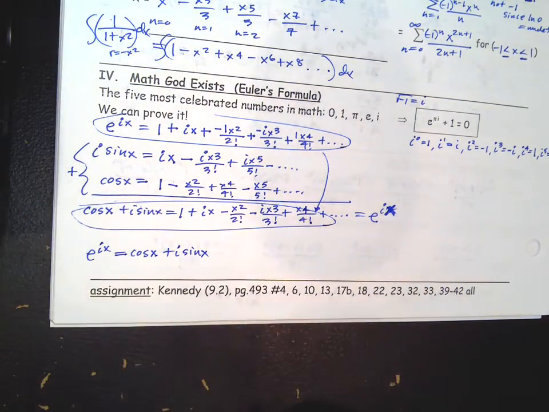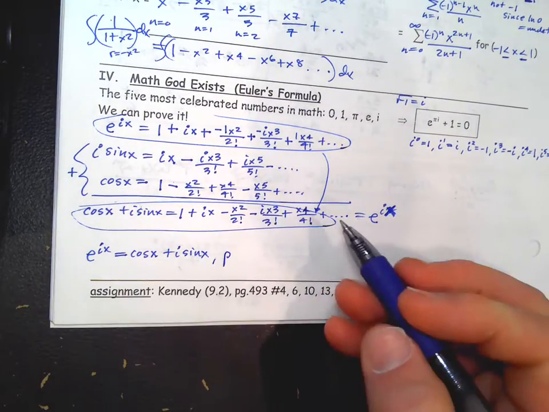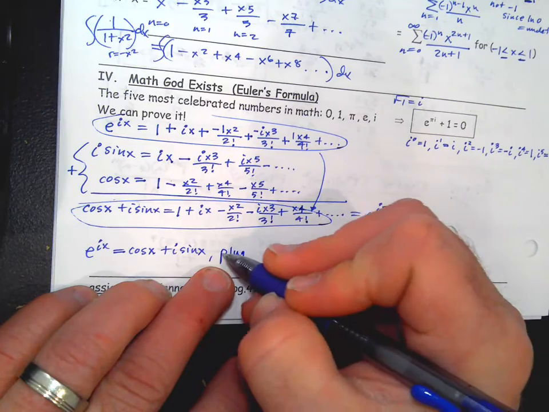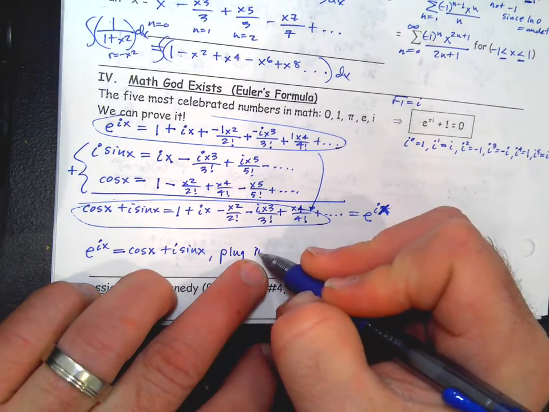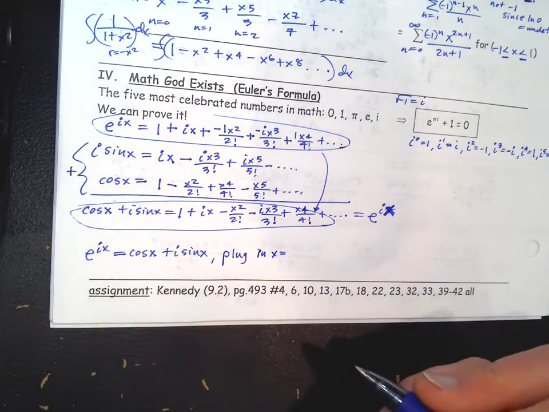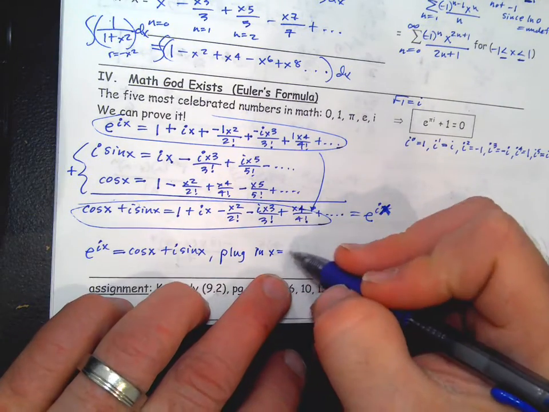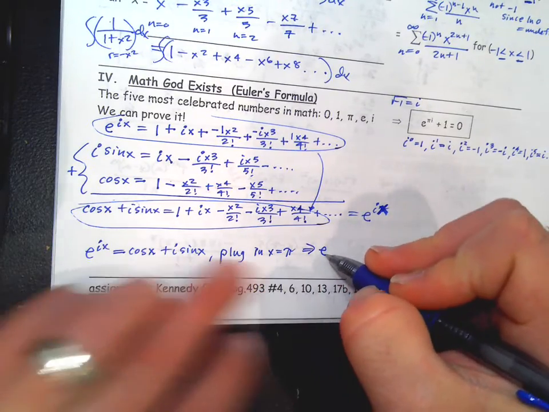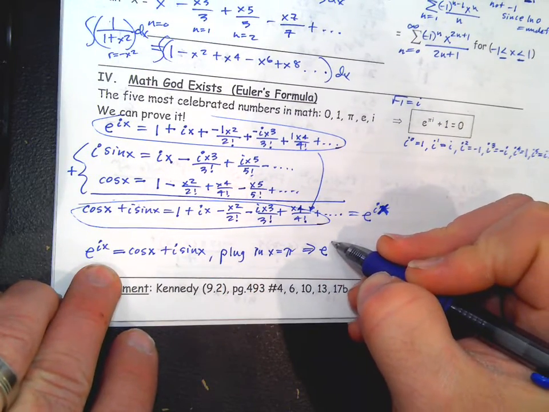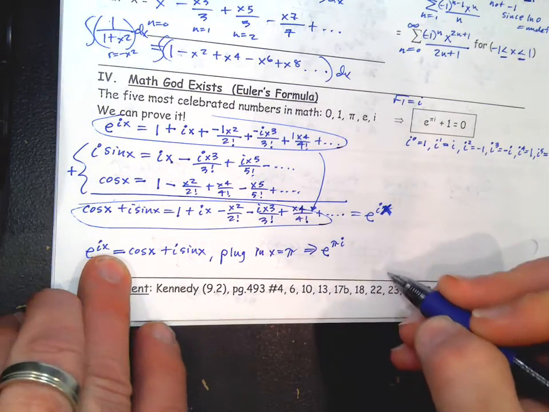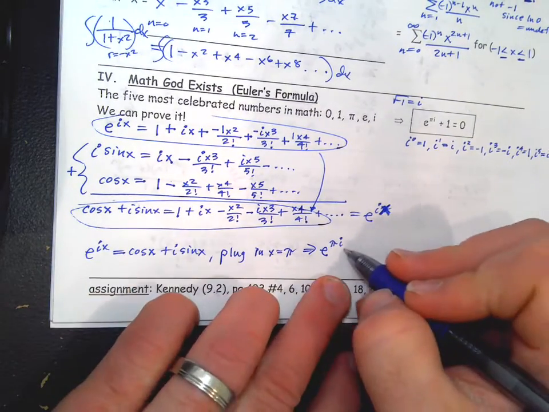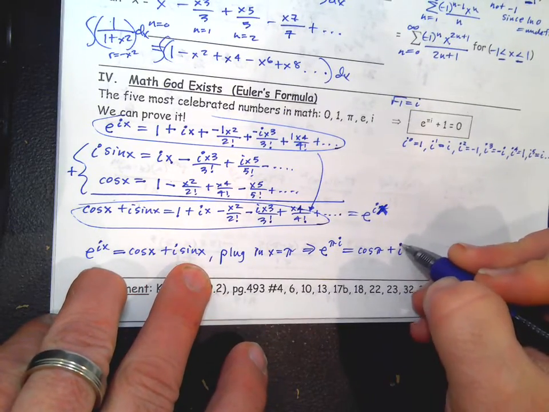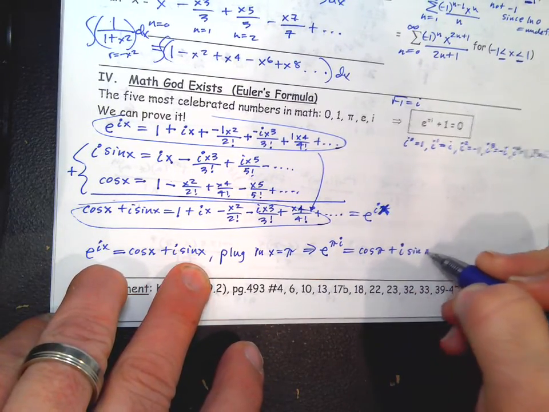Now, these are called power series, right? Because they have x's in them. If you plug a value of x in, then it becomes what we call a number series because all the x's go away. So we're going to plug x equals pi in, so that e to the pi I equals cosine of pi plus I sine pi.